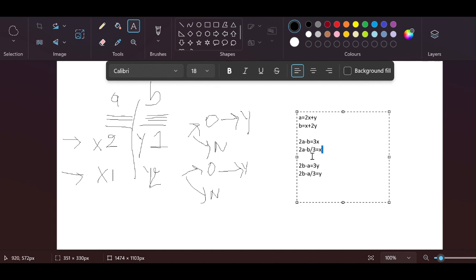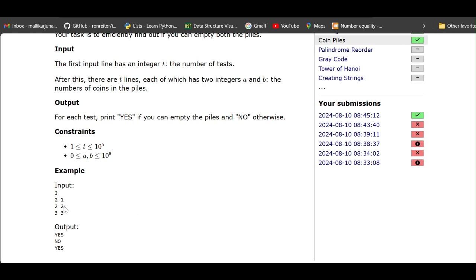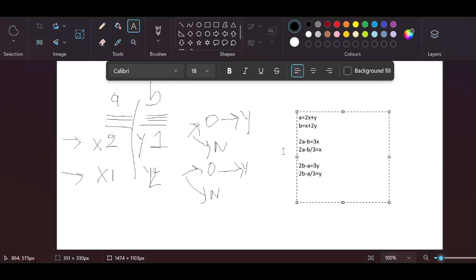Understand? So other than this, if you observe the question for input 2 and 1, let us check this equation. So a is equal to 2 and b is equal to 1, so the result is like 2 into 4, 4 minus 2, so 4 minus 2 is equal to 2 divided by 3.